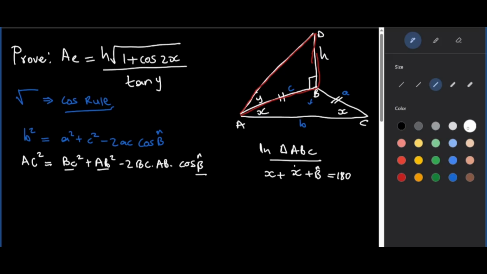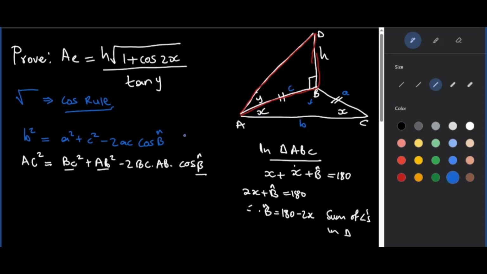So this will be 2x plus angle B equals 180. Therefore, angle B is 180 degrees minus 2x. Reason: sum of angles in a triangle. Are you happy with that? Yes. So we know that the cos of B will be the cos of 180 minus 2x.